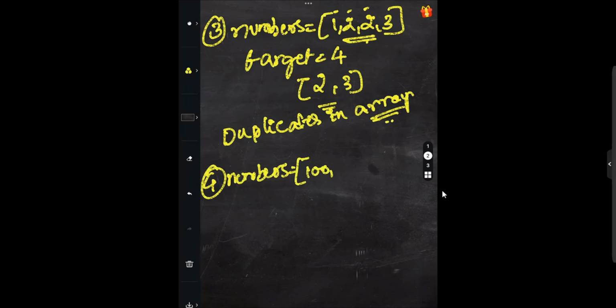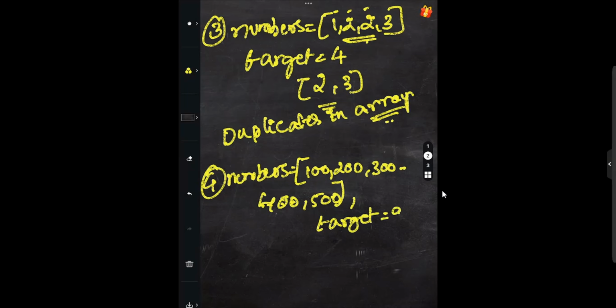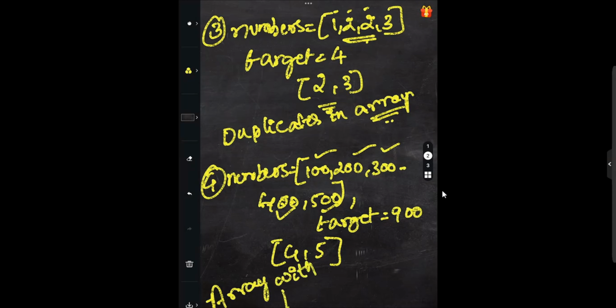Let me consider numbers 100, 200, 300, 400 and 500, and the target is 900. So it will be 4 and 5 here. We can clearly see 1, 2, 3, 4 and 5. This sums up to the target, right? 4 and 5. So the output will be 4 and 5. We are dealing with an array with large numbers.